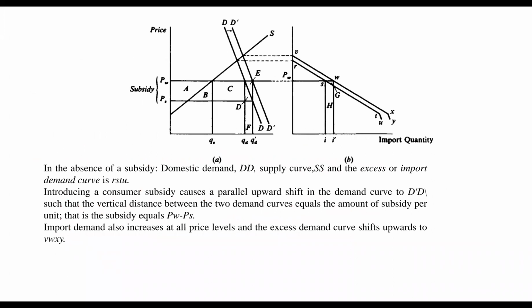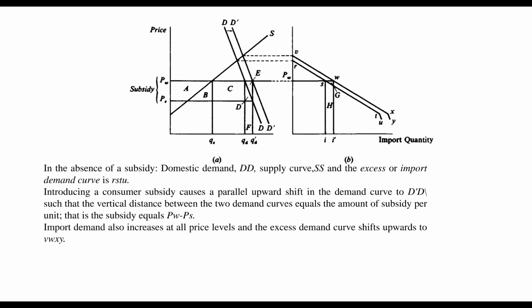Observe the diagram above. In the absence of subsidy, with domestic demand DD and supply SS, the excess or import demand curve is RSTU. That is the import demand curve.